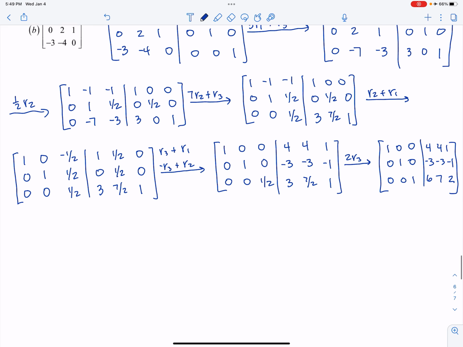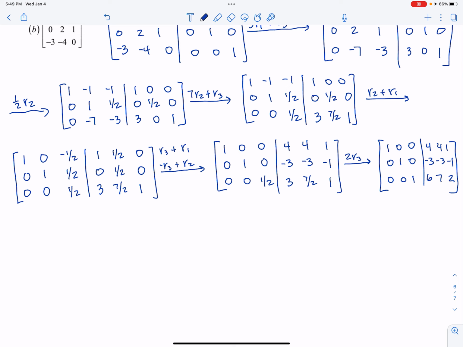So our inverse is 4, 4, 1, negative 3, negative 3, negative 1, 6, 7, 2.